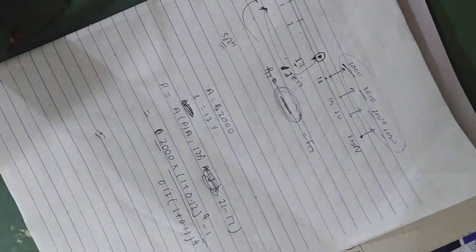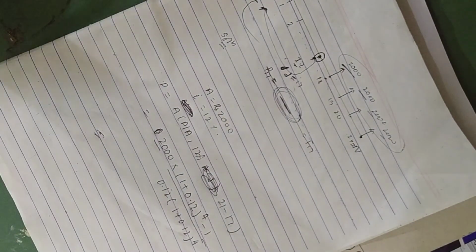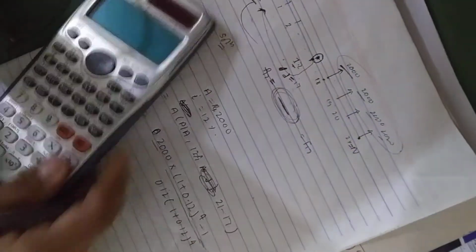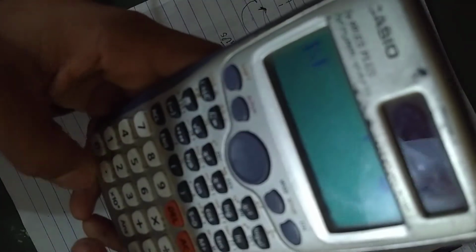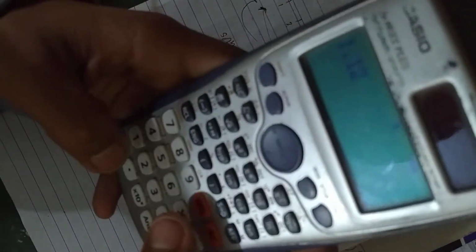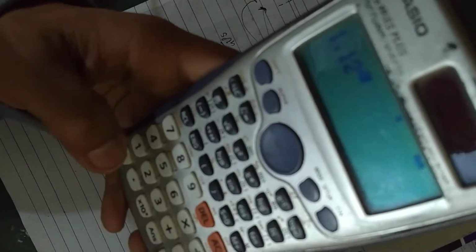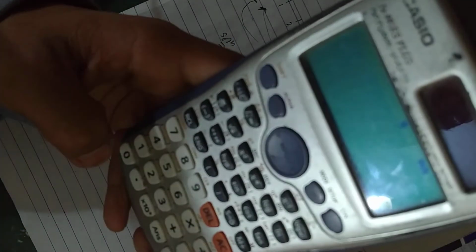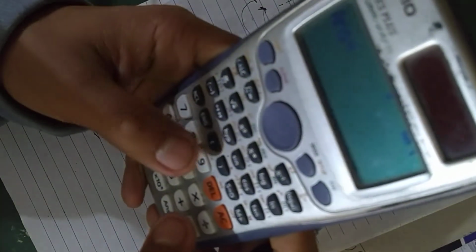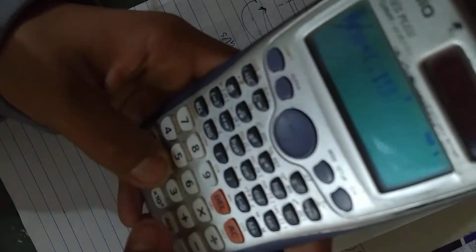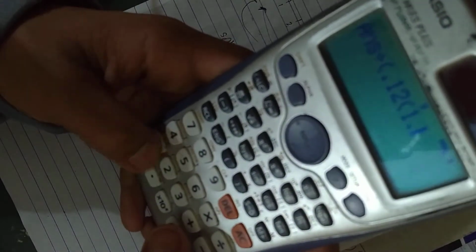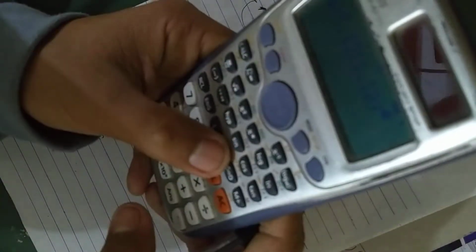So now we have to calculate what will yield the result. Now I will just type it: first of all 1.12, the sum of 1 plus 0.12 gives 1.12 to the power 4, minus 1, divided by 0.12 into 1.12 to the power 4.